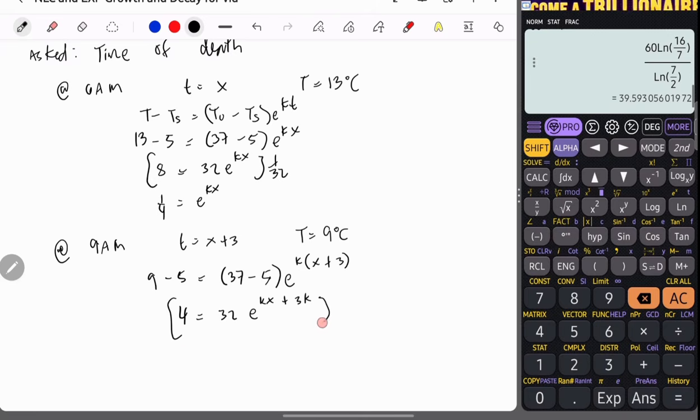Then we divide both sides by 32. So 4 divided by 32 is 1/8, and 32 divided by 32 is 1. So we have e to the kx plus 3k.